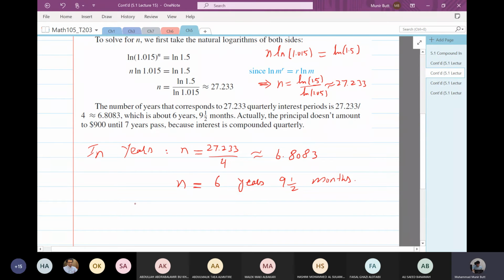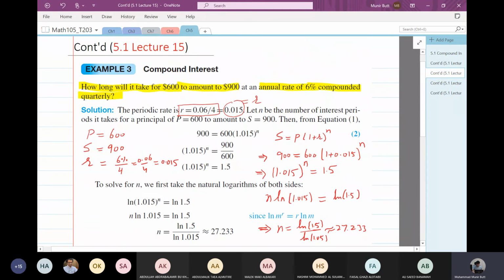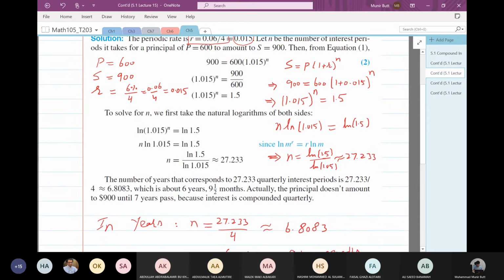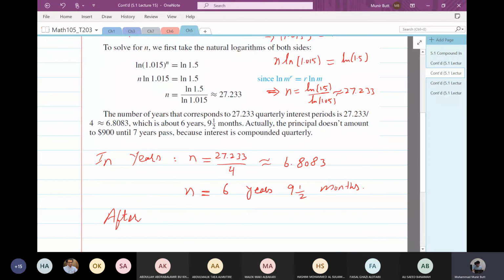Or you can say that, since what he asked us is how long will it take for this to amount, when this is at an annual rate, here he says actually the principal amount does not amount to 900 until 7 years have passed, because interest is compounded.